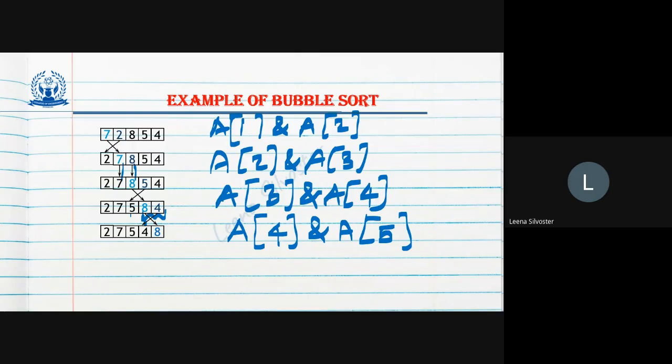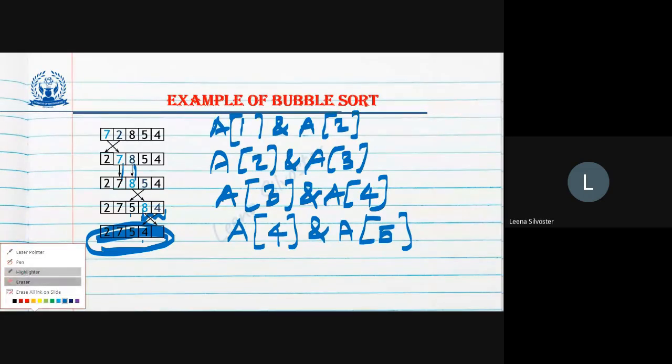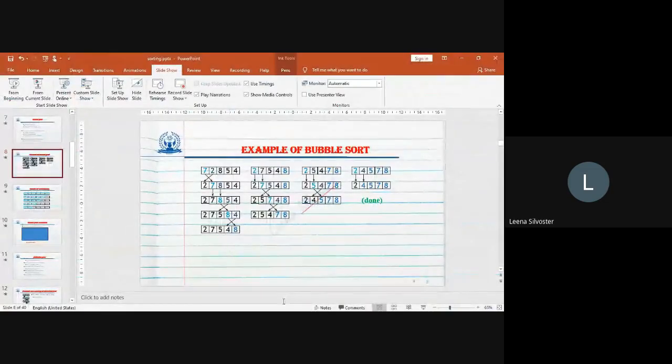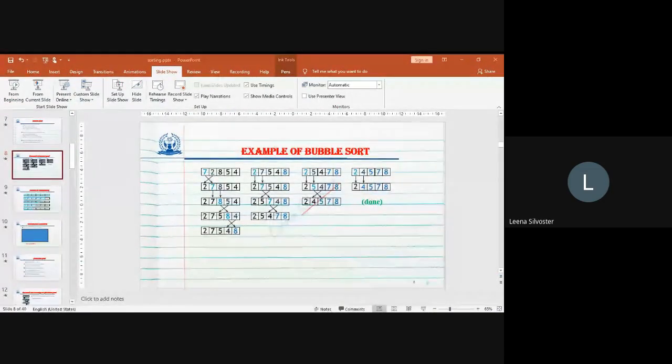No. So we have to exchange it. So 4 and 8, like that. So now, after this step, the result is 2, 7, 5, 4, 8. If you have any doubts, you can ask.